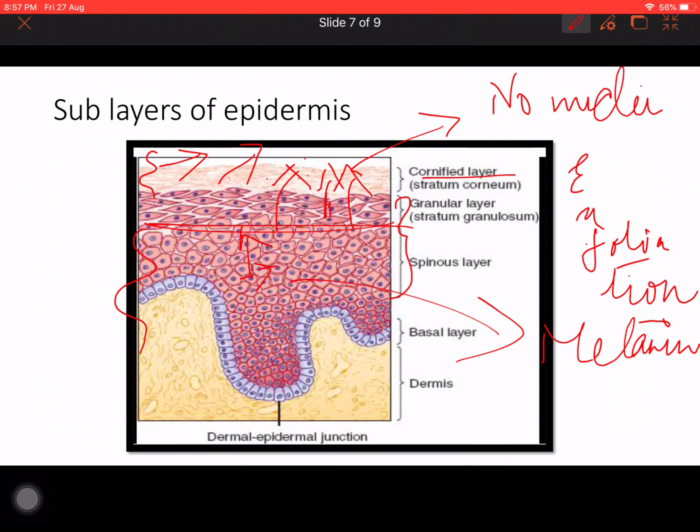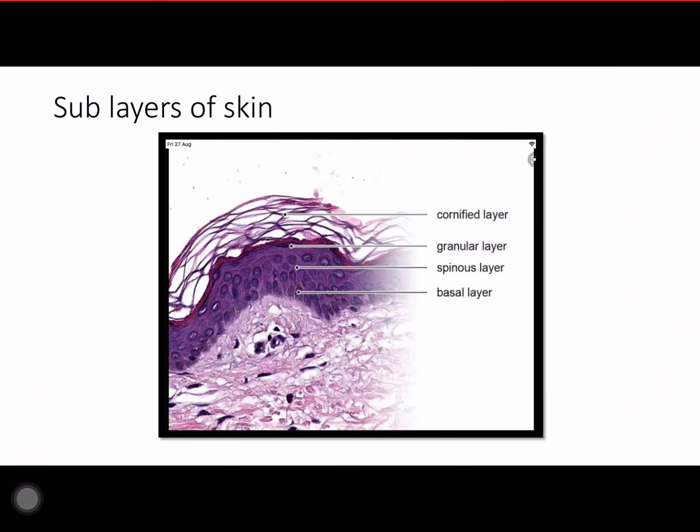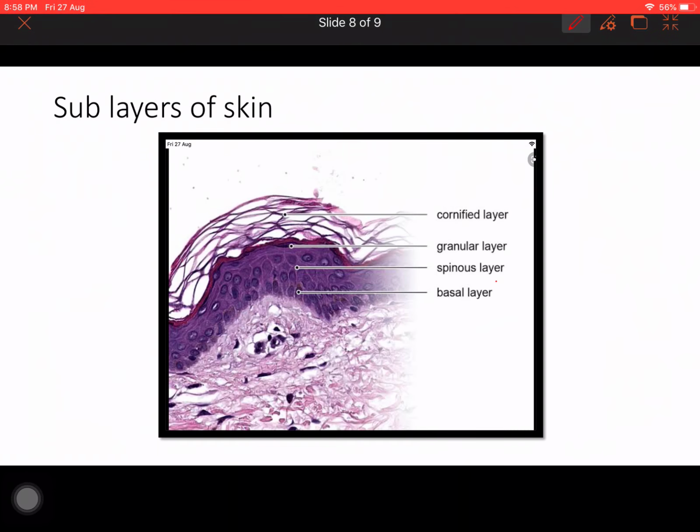Now we should see a few different pictures of these sub layers of the epidermis, so that we have an overview of the three layers: the cornified layer, the granular layer, and the Malpighian layer. See here the outermost layer without nuclei.